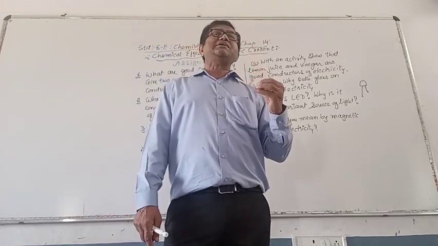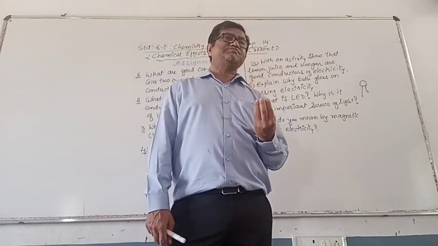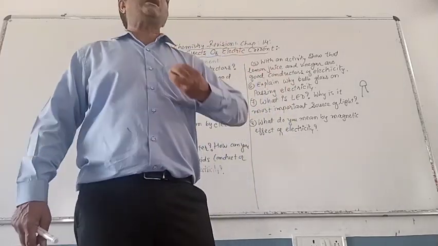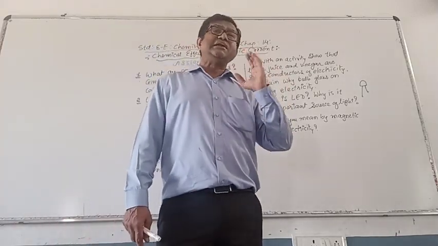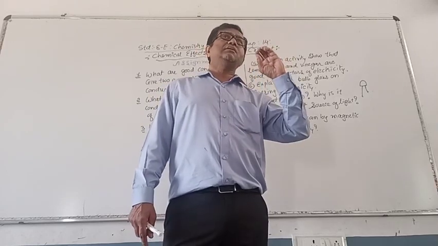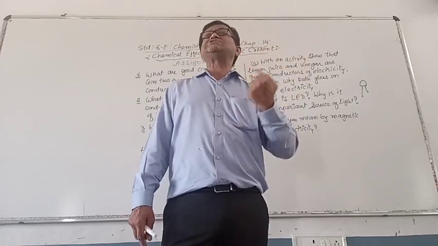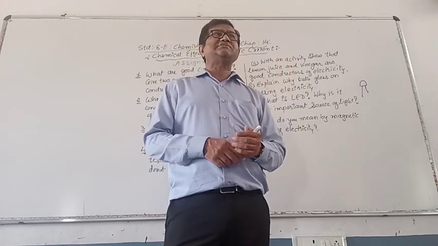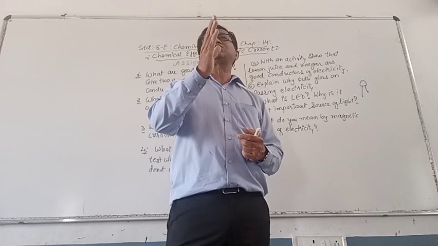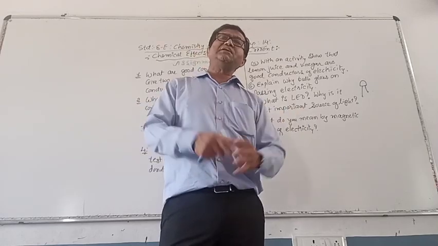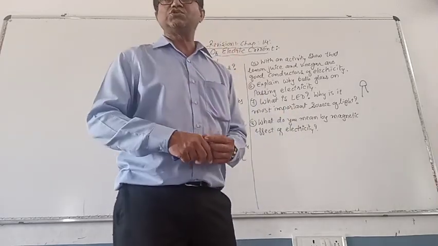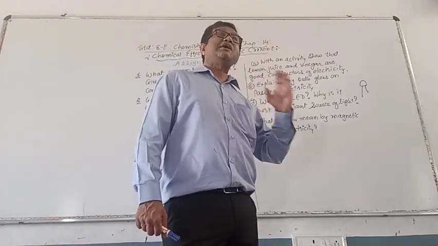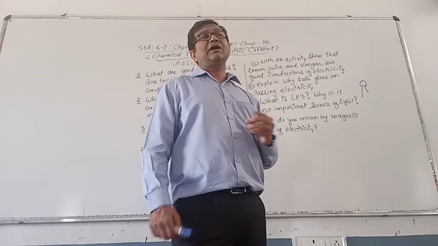If you take a magnetic compass near the current carrying electric wire, then the needle in the compass will show deflection.